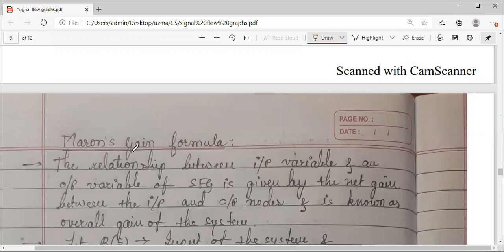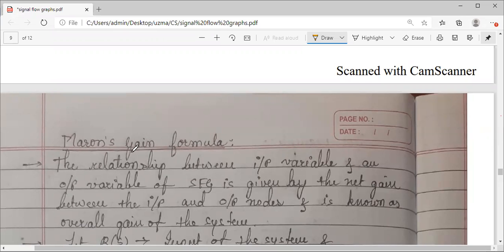The alternative approach is the signal flow graph. It is easy in SFG because directly using a formula developed by a scientist named Mason, you can directly calculate the transfer function. So that was one of the advantages of using signal flow graphs.